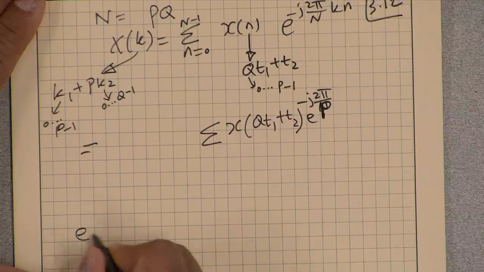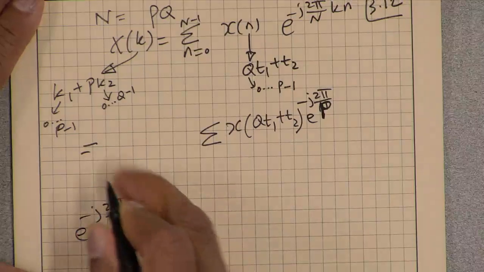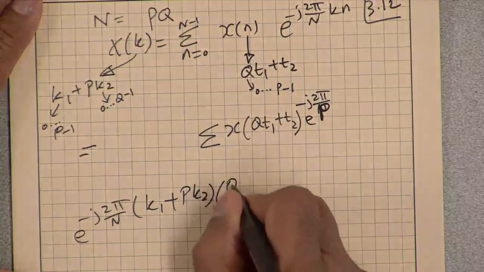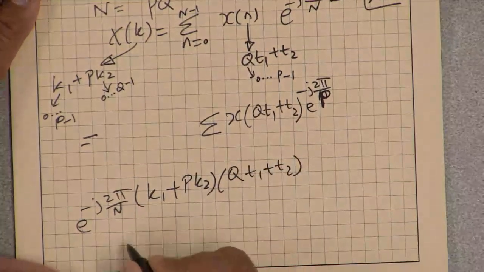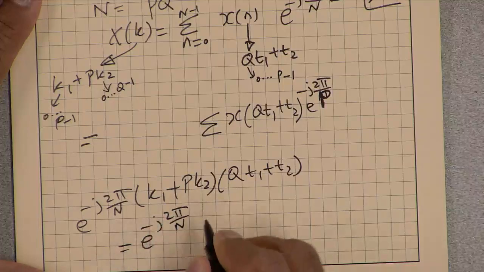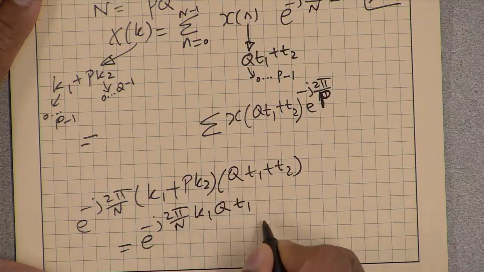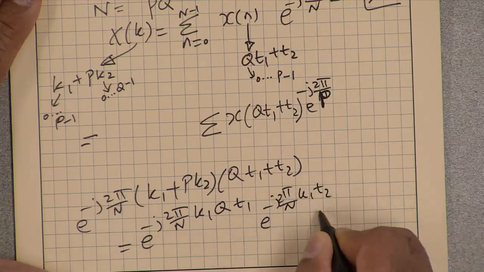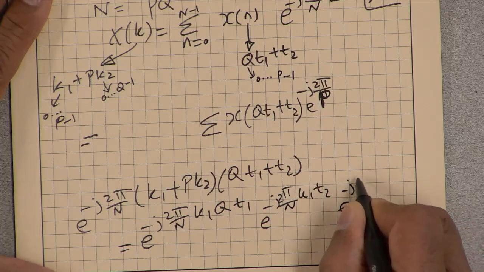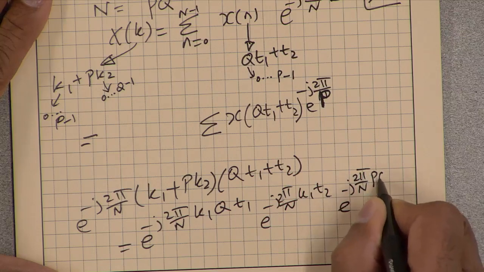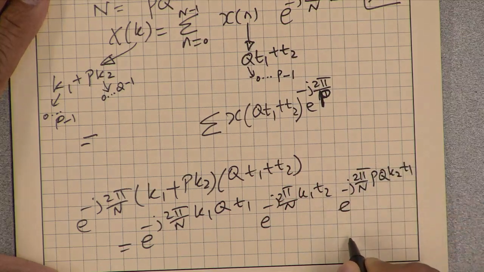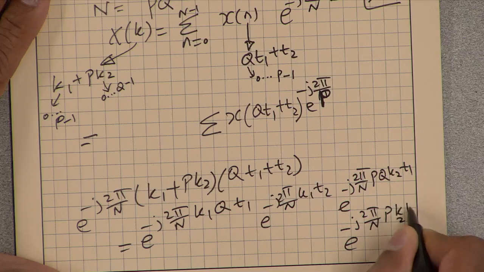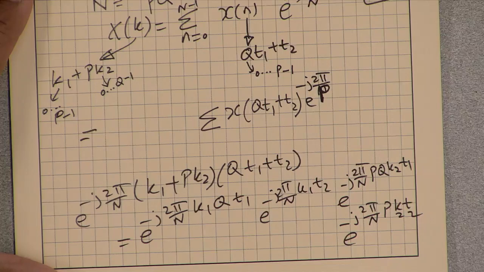So e to the power minus j 2 pi over n, with k replaced by k1 plus p k2 and n replaced by q t1 plus t2, is going to be e to the power minus j 2 pi over n, k1 q t1, e to the power minus j 2 pi over n, k1 t2, e to the power minus j 2 pi over n, p q k2 t1, times e to the power minus j 2 pi over n, p k2 t2. Okay, so we have these many things here.